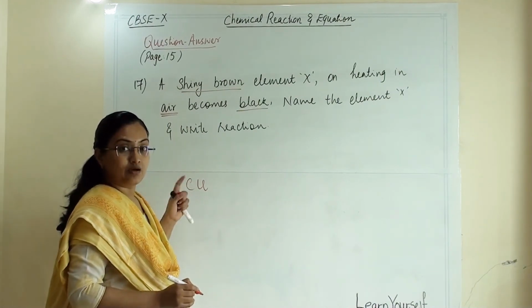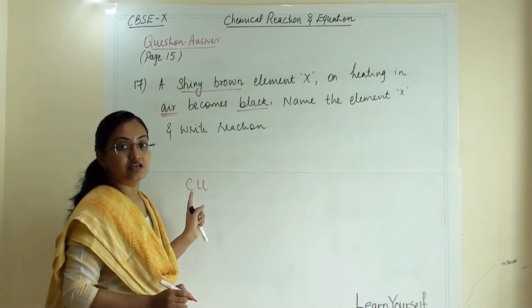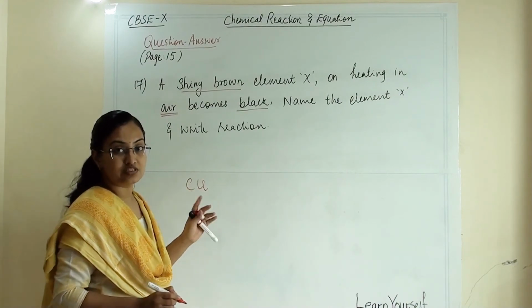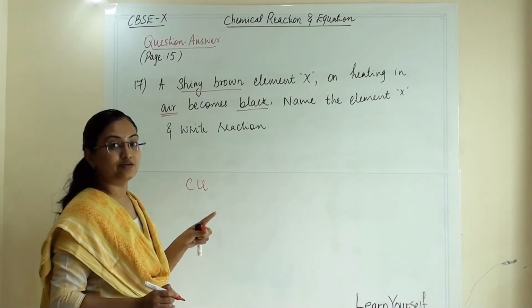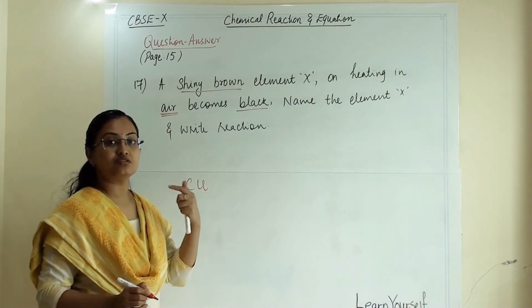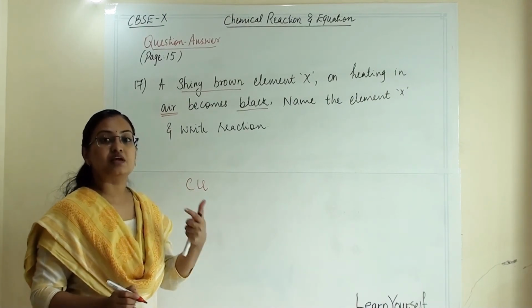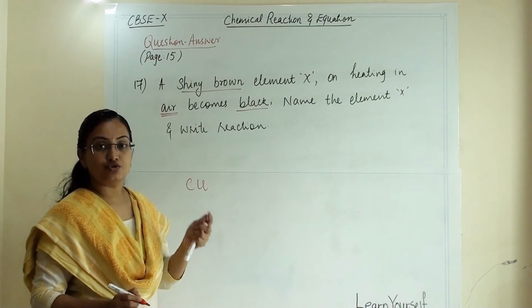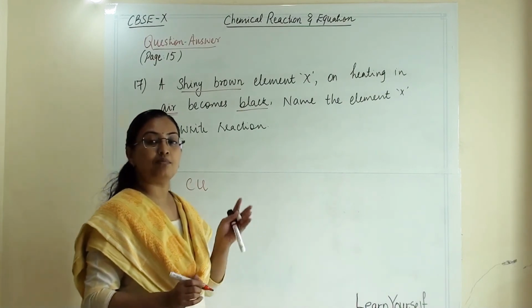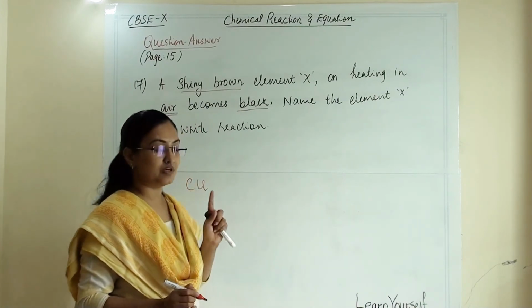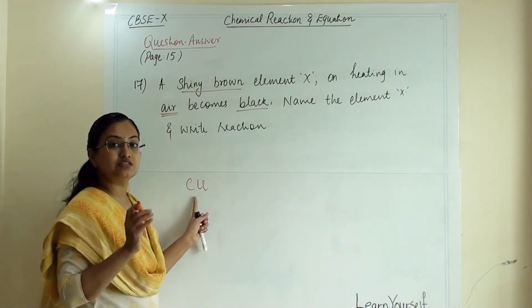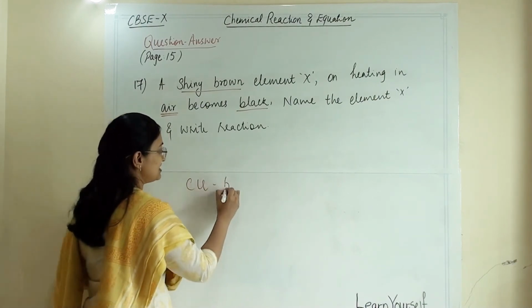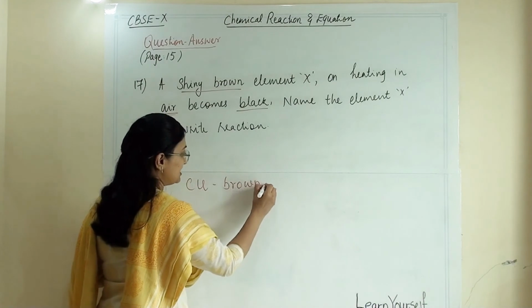Copper is brown in color when it is in its neutral state, but when it combines with SO4 it becomes CuSO4, which will be blue in color. So CuSO4 crystals will impart a blue color in the water, but when we are talking about only Cu metal, then it is a shiny brown color.